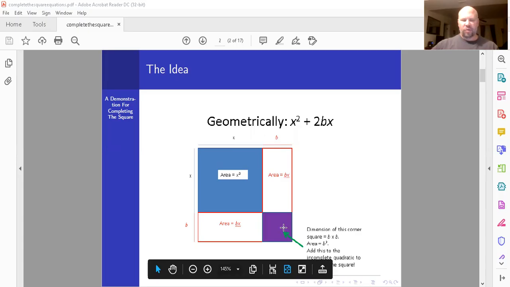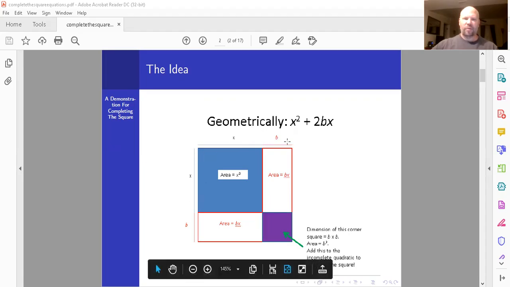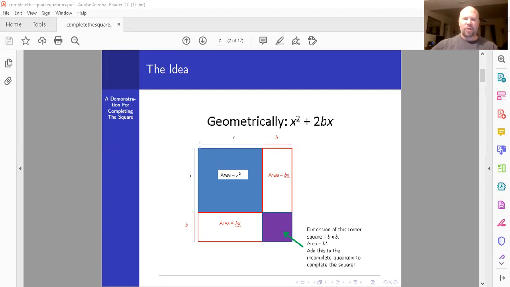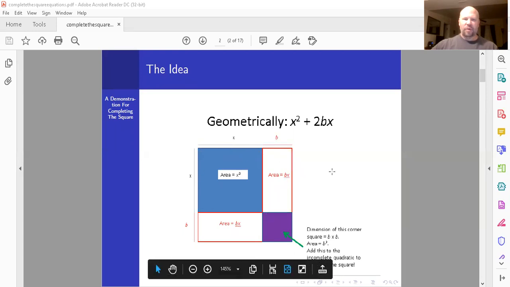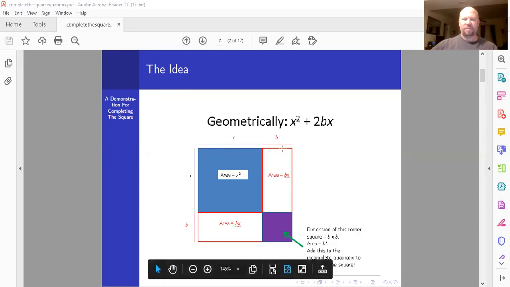Now, because we're going into the factoring when we go to solve, we're going to want to pay attention to the dimensions of the new square that we formed when we complete this square with the purple area added in. Originally, the dimensions were x of the blue square, but when you tack on the red rectangles and the purple square, the dimensions change their values from x to x plus b in both directions.